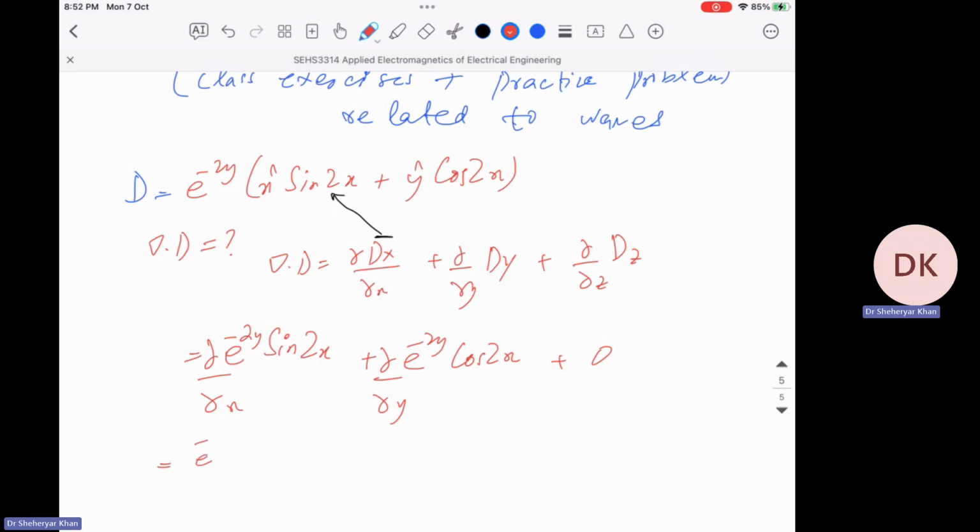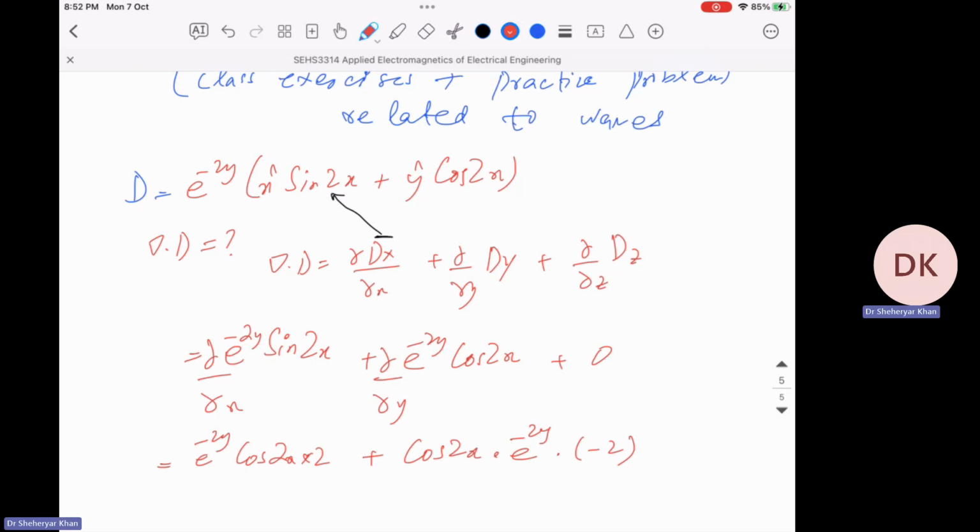Remember, e raised to the power minus 2y is constant with respect to x. And the derivative of sine 2x is cos 2x multiplied by 2, because the derivative of 2x is 2. Plus cos 2x is constant, and the derivative of e raised to the power minus 2y is e raised to the power minus 2y multiplied by minus 2.